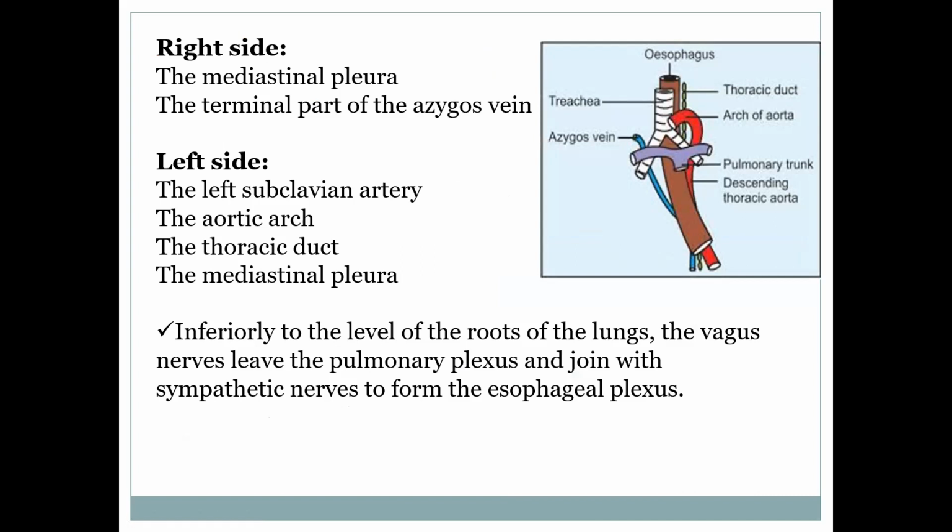So, inferiorly to the level of the roots of the lungs, the vagus nerves leave the pulmonary plexus and join with the sympathetic nerves, and then with sympathetic nerves they form the esophageal plexus to supply the esophagus.